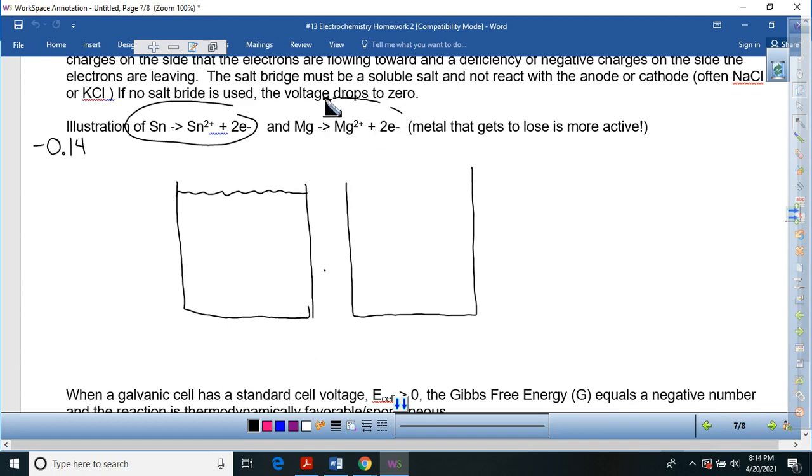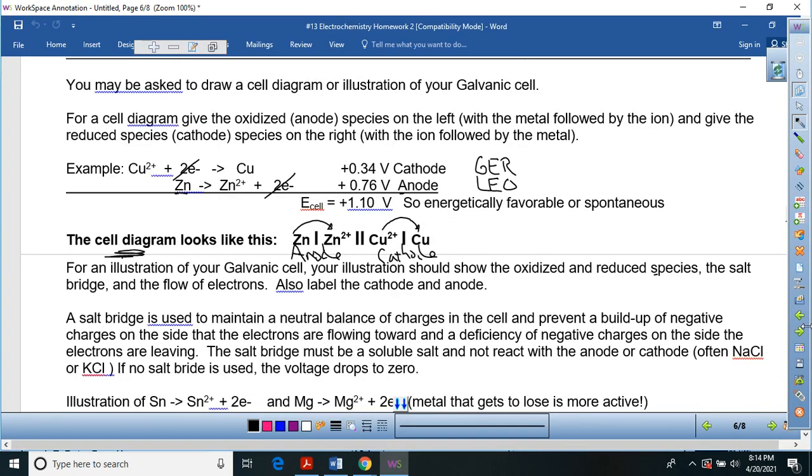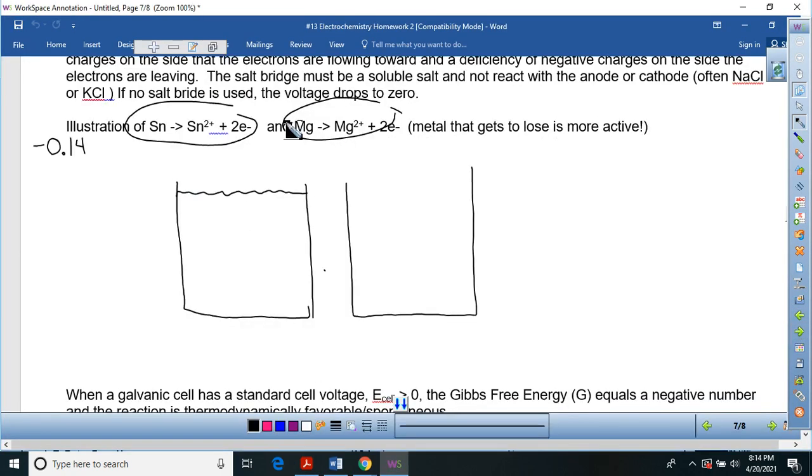And when I look at my table, so you're going to look here on this table, for the magnesium, I have a reduction potential of negative 2.37. That's what I'm getting off of the table.